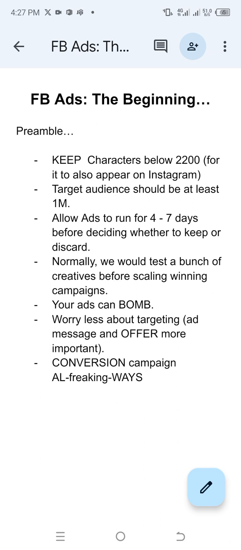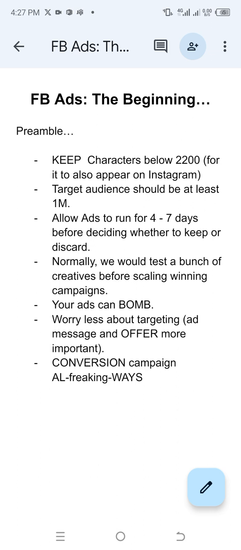If I'd killed that ad the first day after just one sale and said, oh, I took a loss today because I spent 3,000 and something naira on the ad and got back just 2,000 naira, what do you think would have happened? If I had decided to kill it because of that first day, maybe this would not have picked up.